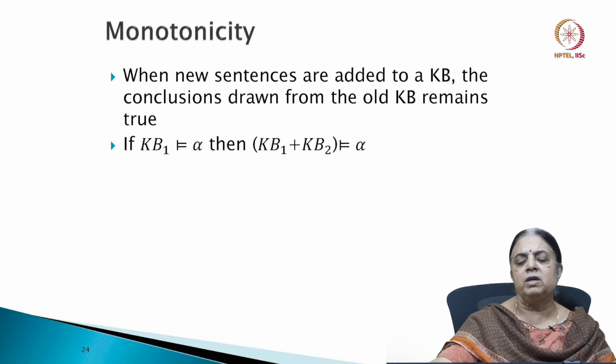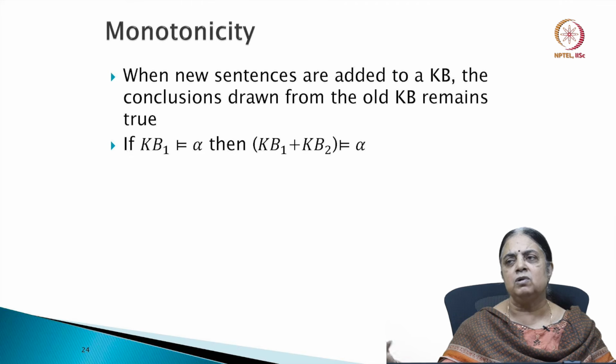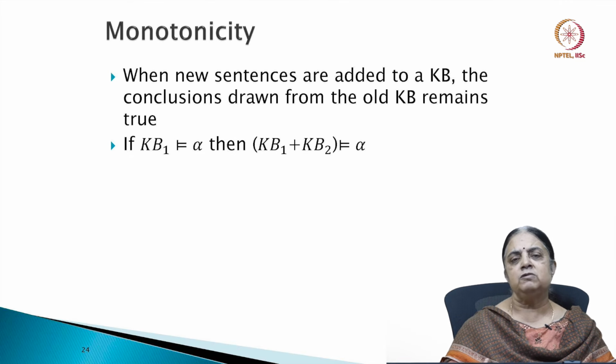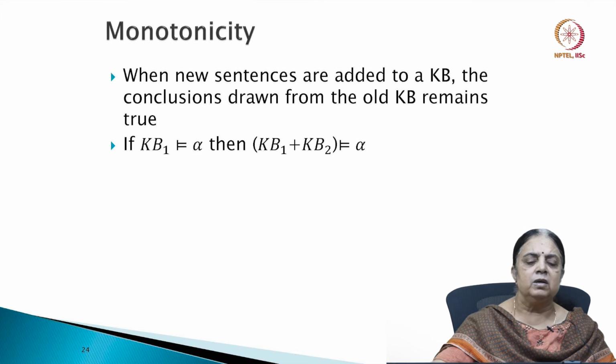When you are able to draw the same conclusion, then you say that your knowledge base is monotonic. Even though you are adding new sentences to it, the old entailments which were done are still true. But if this is not true, then you say that it is non-monotonic.